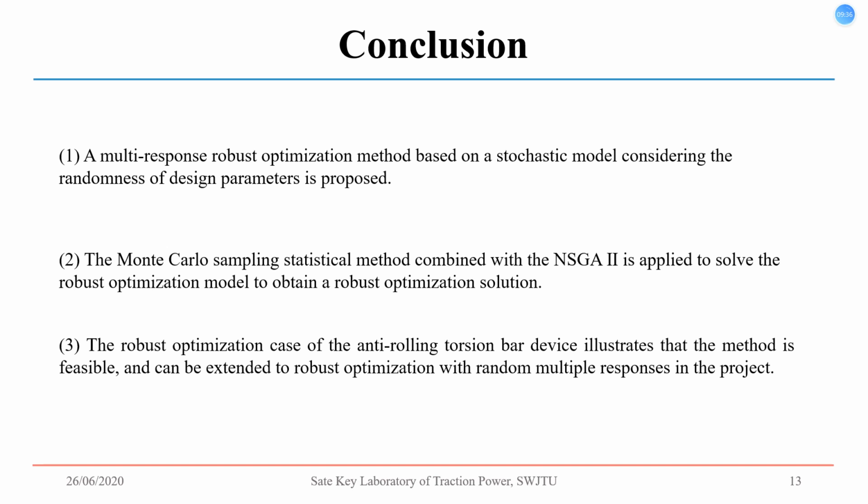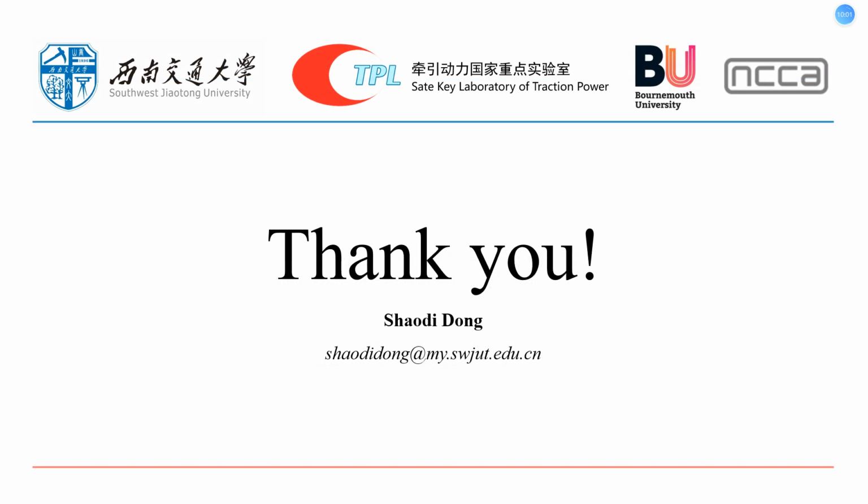The third is that the robust optimization case of the anti-rolling torsion device illustrates that the method is feasible and can be extended to robust optimization with random multiple responses in the product.